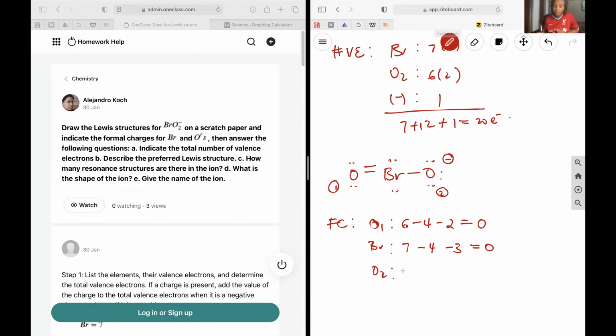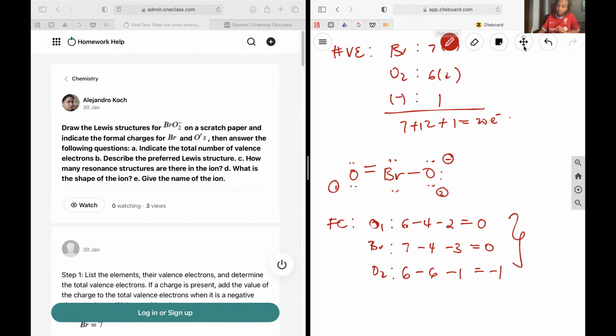And on oxygen 2, I have 6 valence electrons minus the 6 in lone pairs minus the 1 it has in this bonding pair. And that's going to give me minus 1. And so that is what I'm going to be left with. Now I've minimized the formal charges and the charge separation, which is great. And I have the net formal charge adding up to what I want it to add up to.